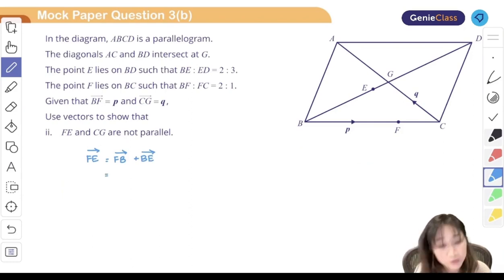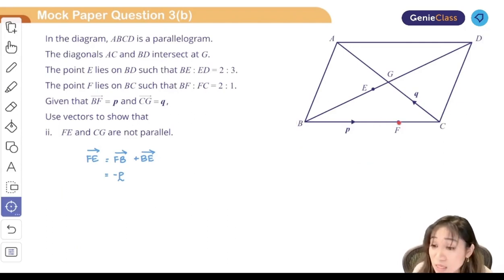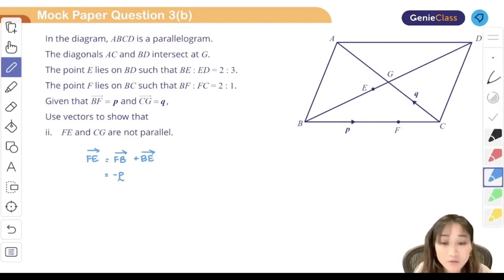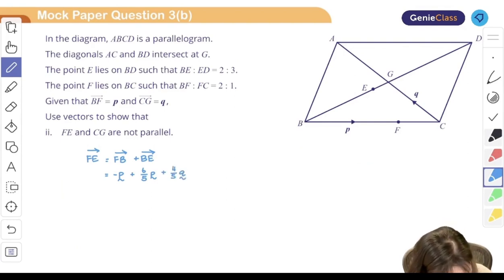FB will be negative p, since it's just the reverse. If this direction is p, then backwards would be negative p. And BE, we know from part A, is equal to 6 over 5p plus 4 over 5q. Then simplify, so you get 1 over 5p plus 4 over 5q.